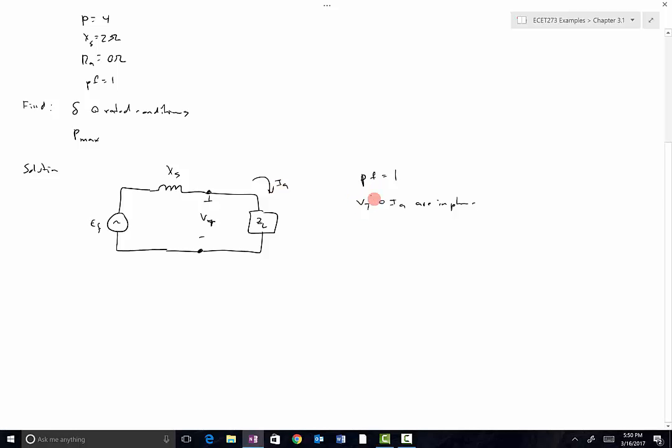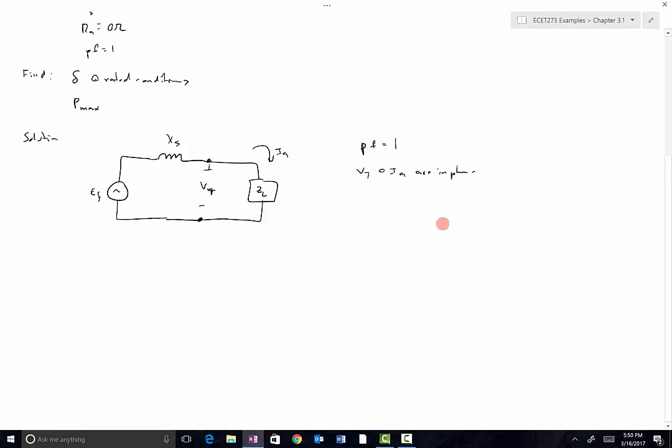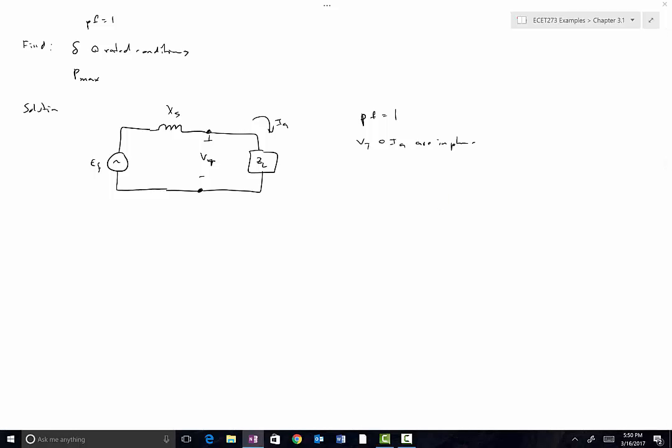So if these are the conditions I'm going to operate under, you should at this point be able to draw your own phasor diagram, maybe not with numbers. You'll know that VT points in that direction, which means IA is in phase with it. That means there's going to be a 90 degree voltage drop across XS. That's IA, jXS, the synchronous reactance, and that means EF is going to look like that right there.